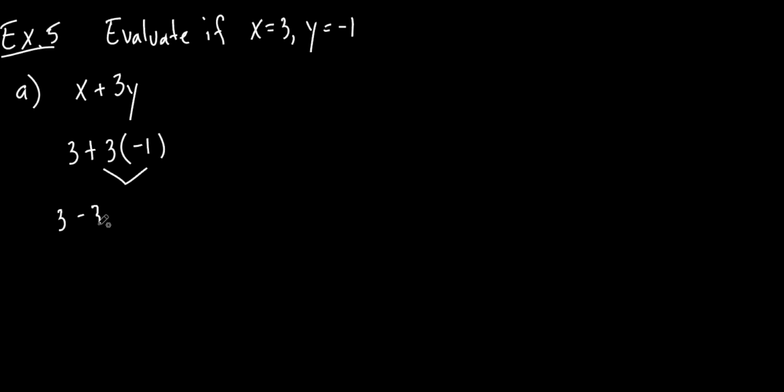It's -3. So you could put plus -3. It's the same thing, isn't it? Plus -3 or just -3. So what is 3 minus 3? It's 0, and that's my answer. So I just evaluated that algebraic expression. A lot of big fancy words, but pretty simple stuff, right? Just plug it in.